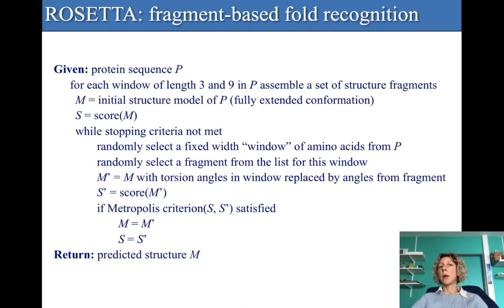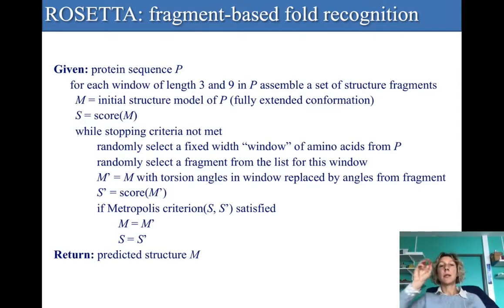Another very, very popular method is Rosetta. So Rosetta is a really big thing that's been built over the years. So here, the basic algorithm is you take your protein sequence P. For each window of length 3 and 9 in P, you assemble a set of structured fragments. So M is the initial structure model of P, a fully extended conformation associated to a score. And you iterate until you fulfill the stopping criteria.